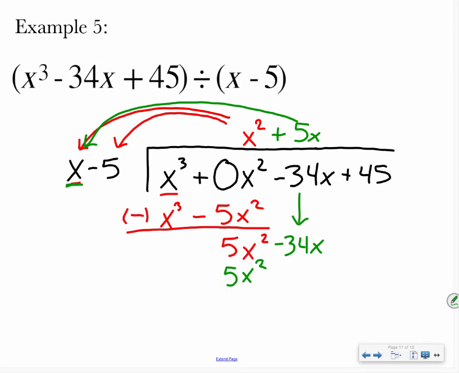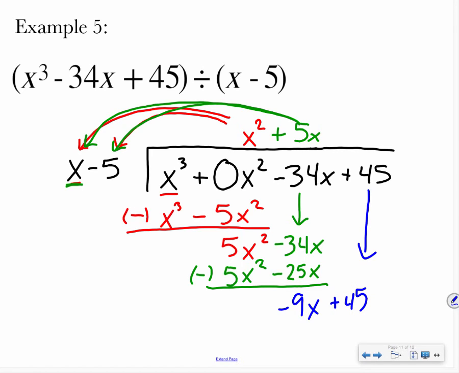So I multiplied 5x times x, and now I need to multiply 5x times the negative 5. So that's minus 25x. Subtract, 5x squareds, they cancel. We have a negative 34x minus a negative 25x. That becomes negative 34 plus 25, which leaves us with a negative 9x. Now I can carry down my last term, which was plus 45.